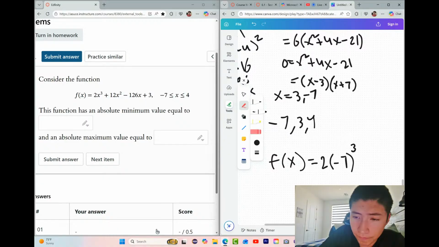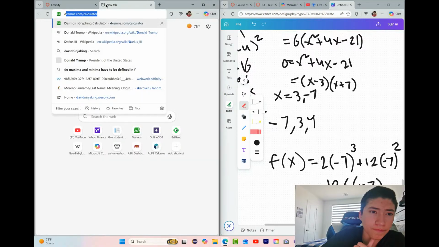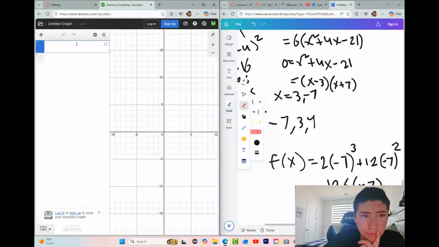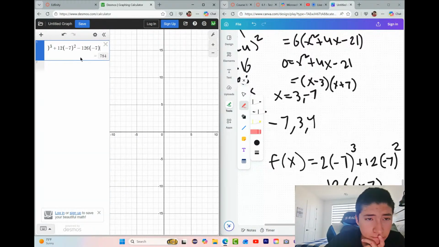So we have 2 times negative 7 to the power of 3 plus 12 times negative 7 to the power of 2 minus 126 times negative 7. That might take some time. Should we open up Desmos? 784.